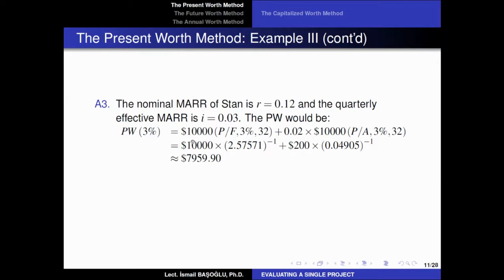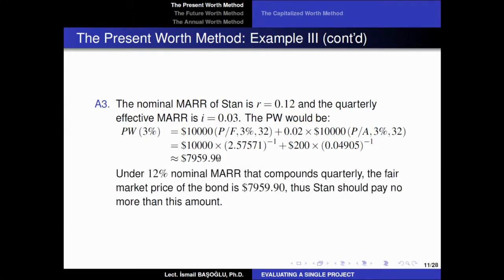And this $10,000 will be multiplied by the single payment present worth factor under 3% effective interest rate for 32 periods. Again, these two values can be checked from the compounding factors table, the first table, and that present value will be $7,959.90.